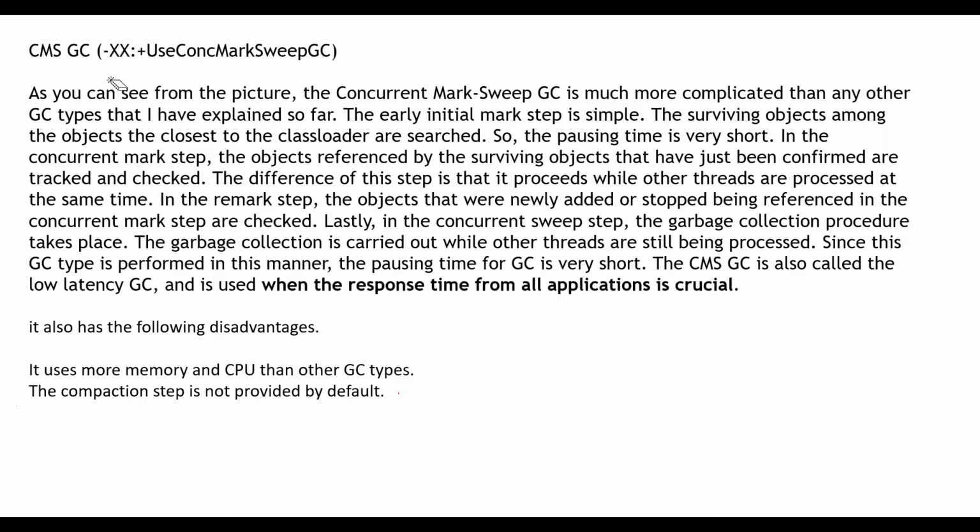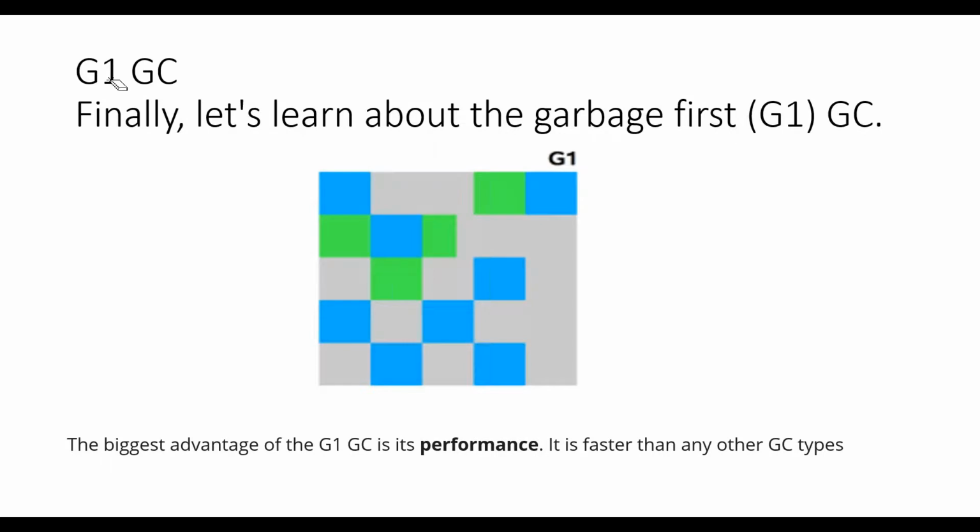Now let's move to the latest one, G1 GC. This is a very interesting one. It was introduced from JDK 6 or 7. Inside JDK 6 it was under experimental features. Since JDK 7 they have started introducing it, but it is still not stable.